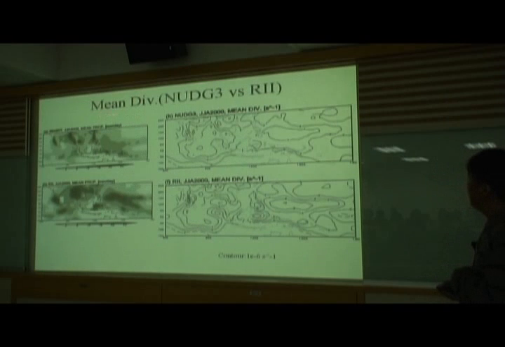And okay, these two figures are the divergence of Nudge3 and R2, mean divergence at 200 hectopascal. So this is the same figure I showed you, precipitation. When you compare R2 precipitation and R2 divergence, in the Philippine Sea, there is a large divergence period in the R2 data set.